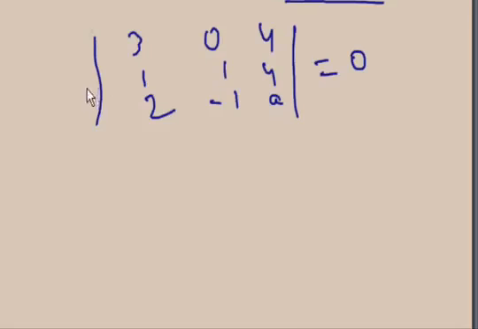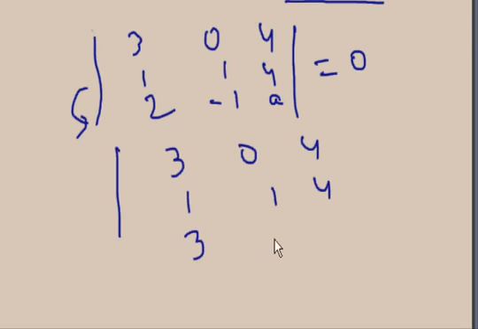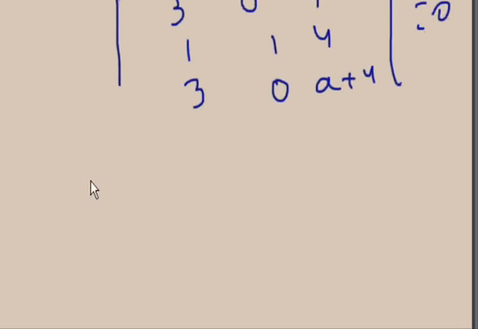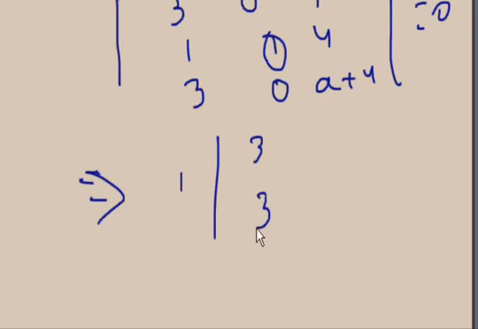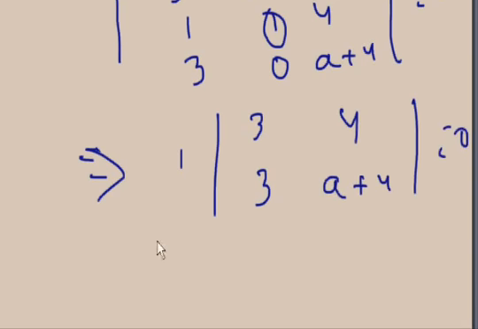Now perform R3 add R2. So 3 0 4, 1 1 4, 3 0 A plus 4 is equal to 0. This means there is 2 0, and expanding across this, 1 into 3 3 4 and A plus 4 is equal to 0.